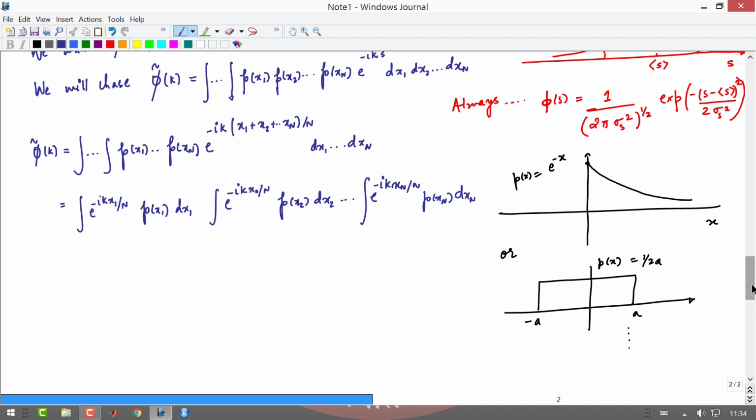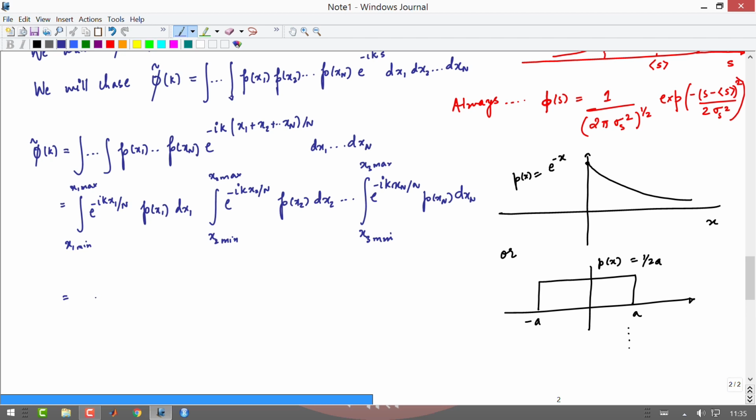So, if you look at these definite integrals, each one of them is from x1 minimum to x1 maximum. Similarly, this is from x2 minimum to x2 maximum, and this is also from x3 minimum to x3 maximum. So, if you look at these definite integrals, they are all the same because the integration variable is dummy. The integration variable in a definite integral is dummy.